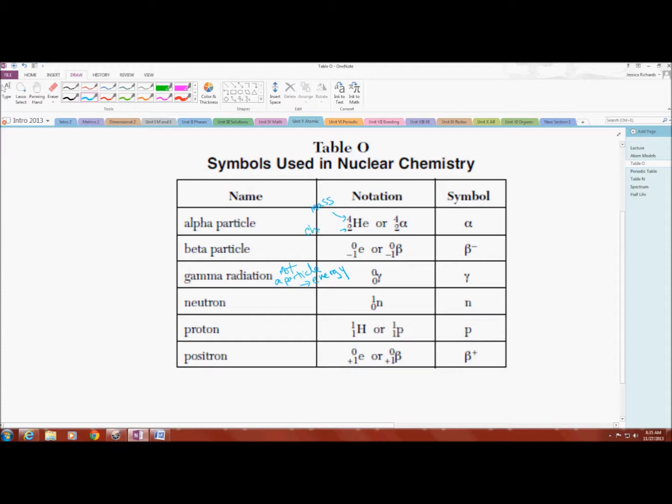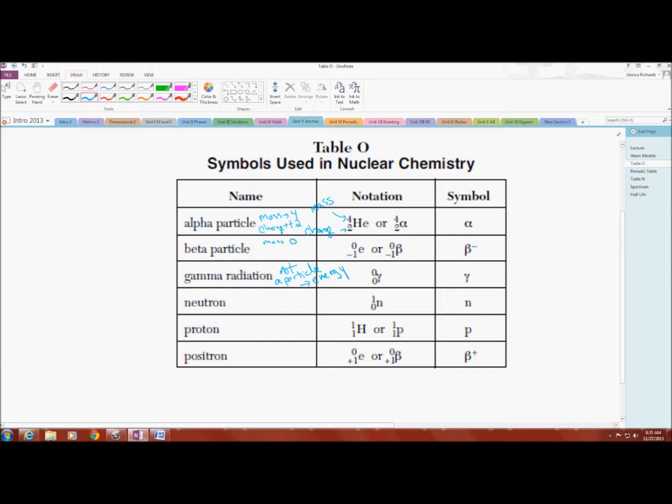A lot of times it also tells us the number of protons and helps us identify things, but it's the charge. If you look, an alpha particle has a mass of 4 and a charge of +2. A beta particle, on the other hand, essentially has a mass of 0.